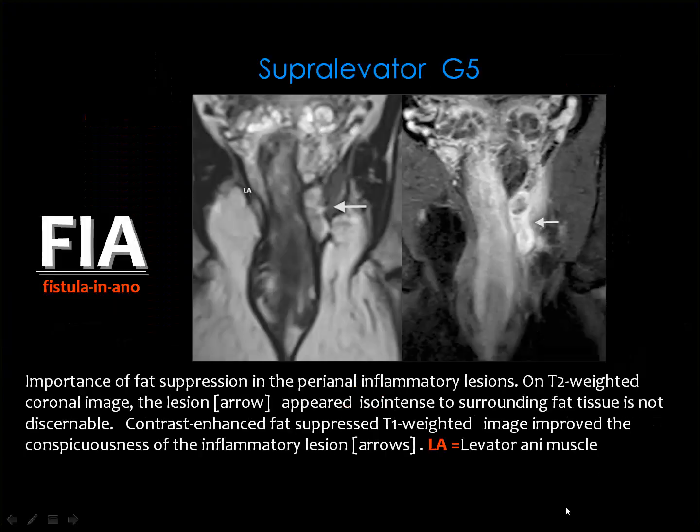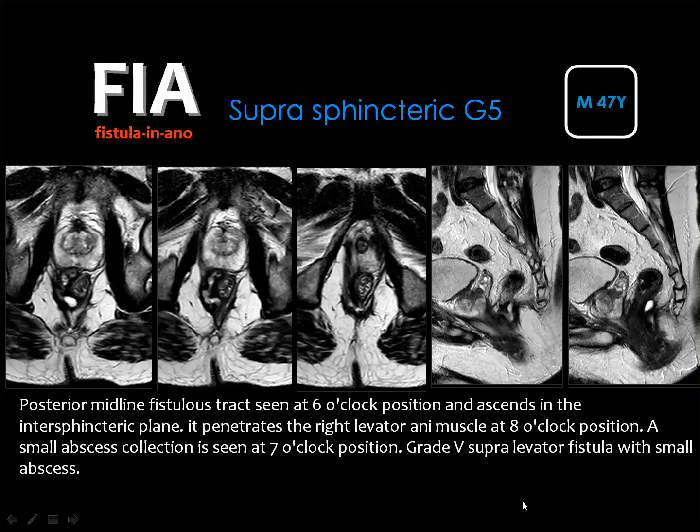levator. And then this is another example of supralevator fistula, and here is the level of the levator ani, and you can see that the lesion extends above the levator, surrounded by extensive inflammatory material.